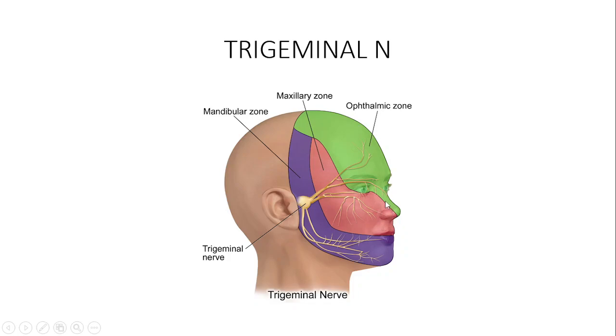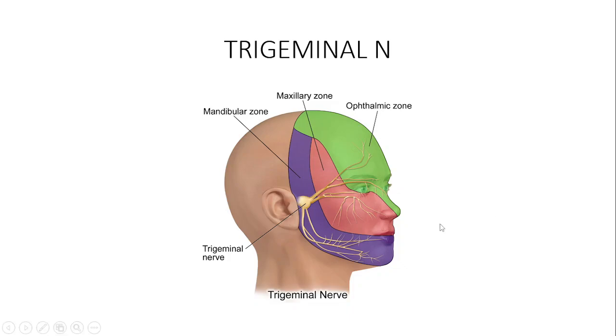Apart from that, it supplies deeper structures within the eyeball, namely the iris and the ciliary body. Of course, it also supplies some of the sympathetically innervated fibers within the pupil to help in pupillary dilatation. Okay, so those are the nasociliary fibers.